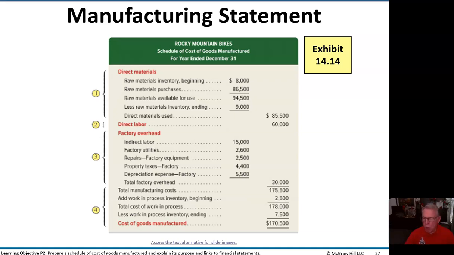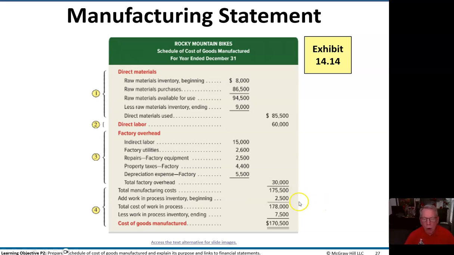Just to review where we left off, we were looking at this schedule of cost of goods manufactured. We get the cost of goods manufactured by taking our direct materials used, adding the direct labor, and adding factory overhead. In review, those three elements, let's call them our total manufacturing costs.